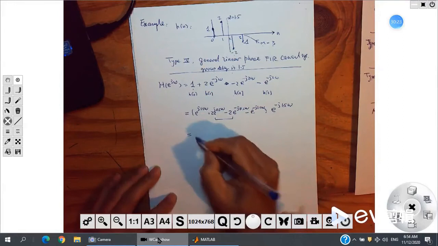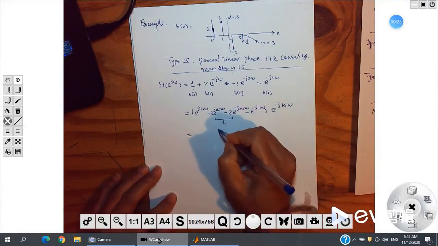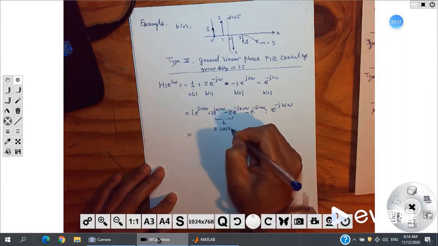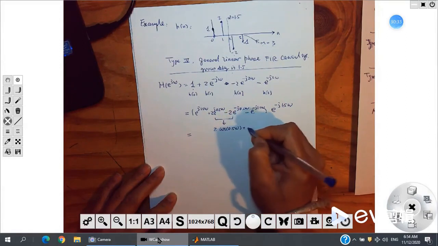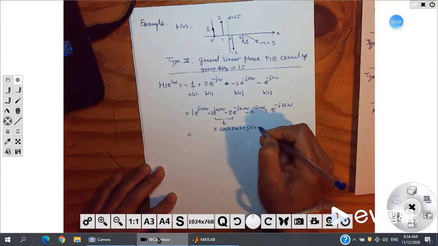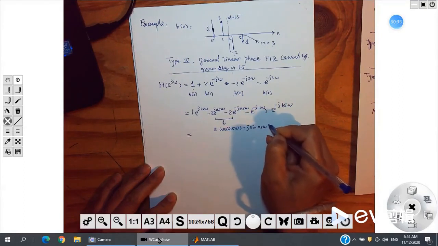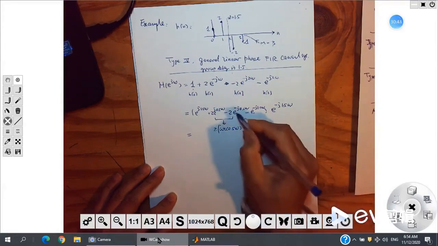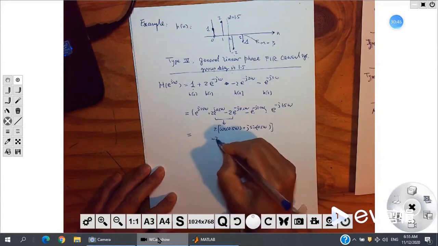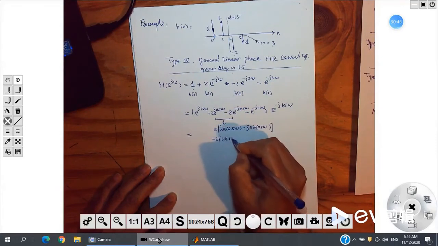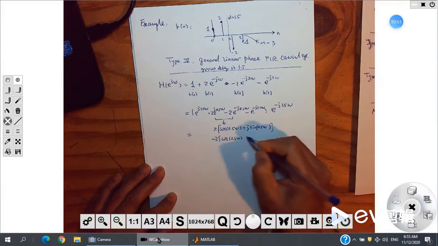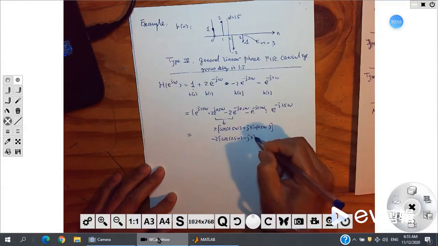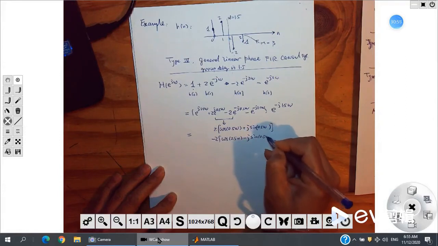These two you merge, and you will have 2 of cosine 0.5ω plus j sine of 0.5ω. And the second term is negative 2 cosine of 0.5ω minus j sine of 0.5ω.